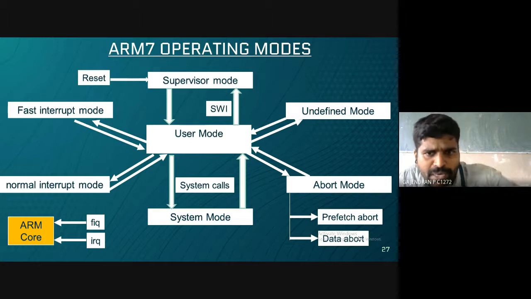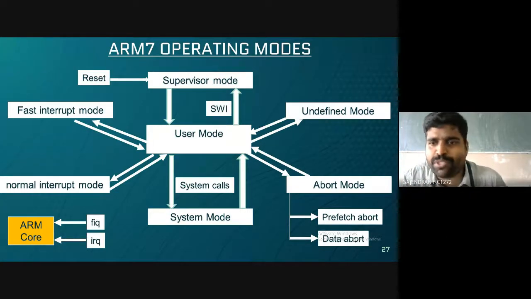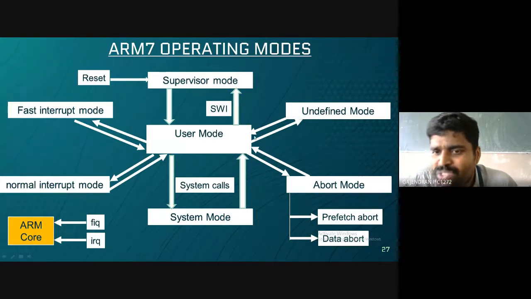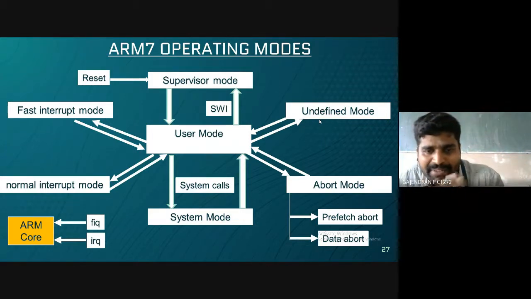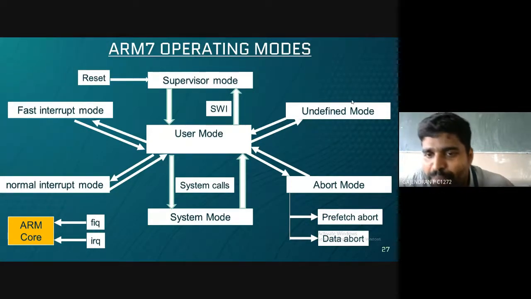I have selected thumb mode, but I am trying to execute an ARM instruction. When we have set thumb and we give ARM, your system can't decode the particular instruction. That will give us some alert, called the undefined mode. My system says you are trying to execute an undefined instruction, so it jumps from user mode to undefined mode. There we would have written some subroutine, which may give you some alert that the instruction you set is wrong, you are in ARM mode. Then it will come back to the user.